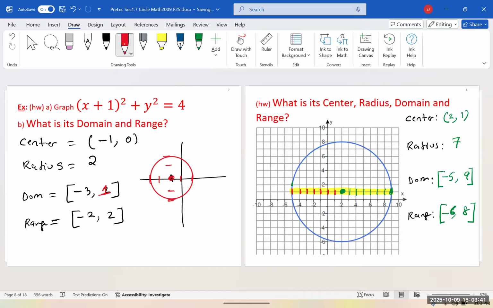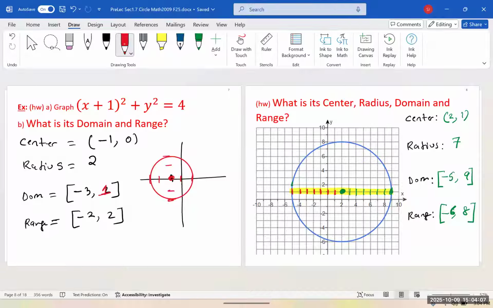And same thing from the center, which is at 2, your radius is 7. So 3, 4, 5, 6, 7, 8, 9. You go 7 units to the right. From 2, you stop at 9. So it's from -5 to +9. It's double your radius, twice the radius.